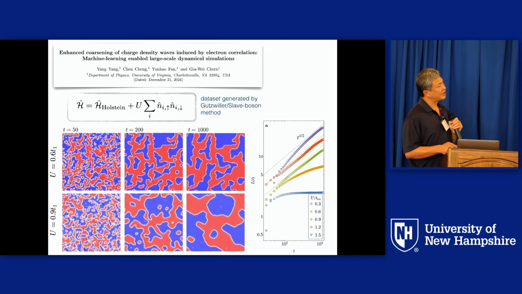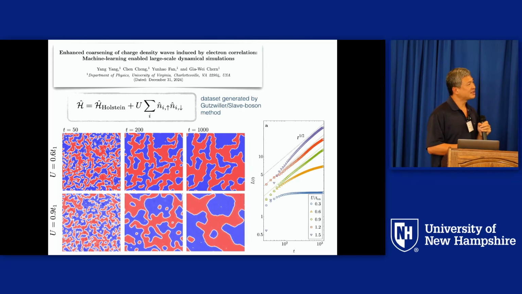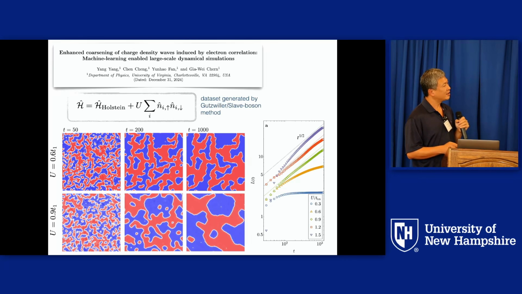So we use the Gutzwiller slave boson method. This is a relatively cheap method for solving the Hubbard model. And so we solve the system on like a 20 by 20 lattice size and use the data set to train a machine learning model. And this is the large-scale simulation result for U equal to 0.6 and 0.9.